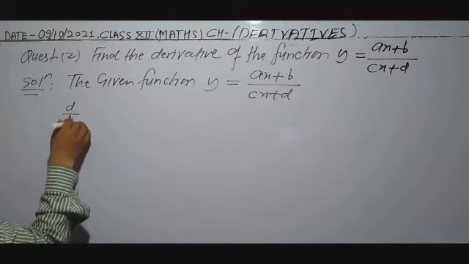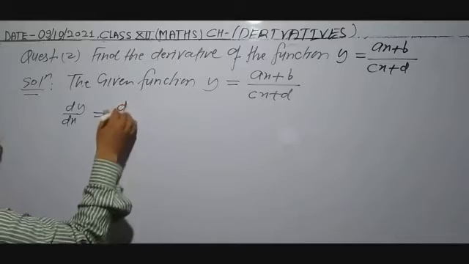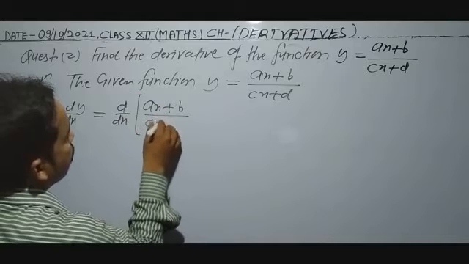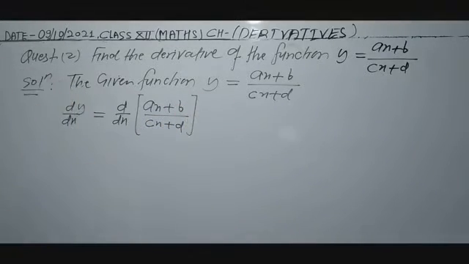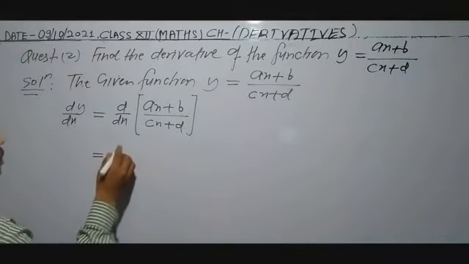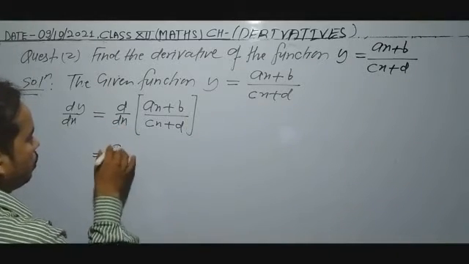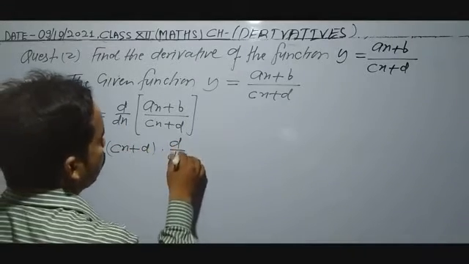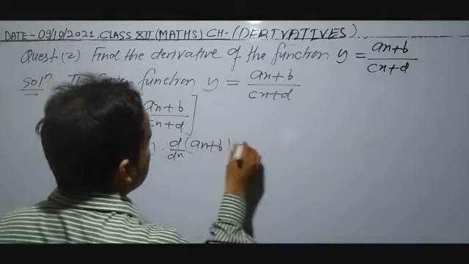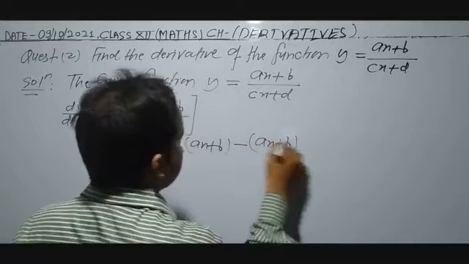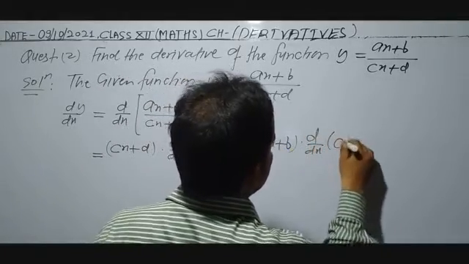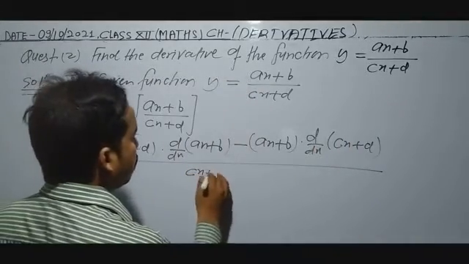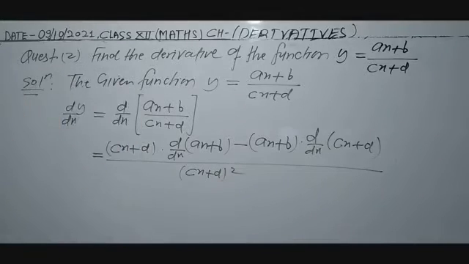When you operate d by dx on both sides, the result will be d by dx of ax plus b upon cx plus d, which is cx plus d into d by dx of ax plus b, minus ax plus b into d by dx of cx plus d, whole upon cx plus d whole square. This is the expression.